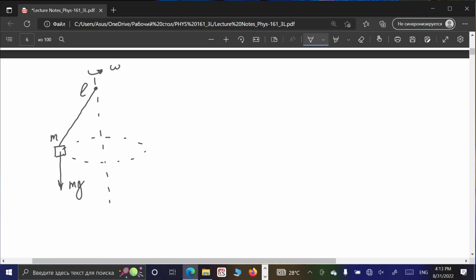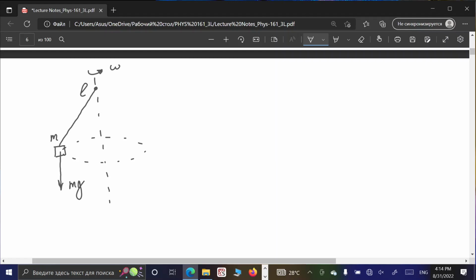Centripetal acceleration is pointed toward the center of the circular trajectory, and the same direction is for centripetal force. But we are now external observers for this system, and from the external system of reference, we will see the effect of the so-called centrifugal force, which is exerted on this block m, which tries to pull block m further from the center of this circular trajectory.